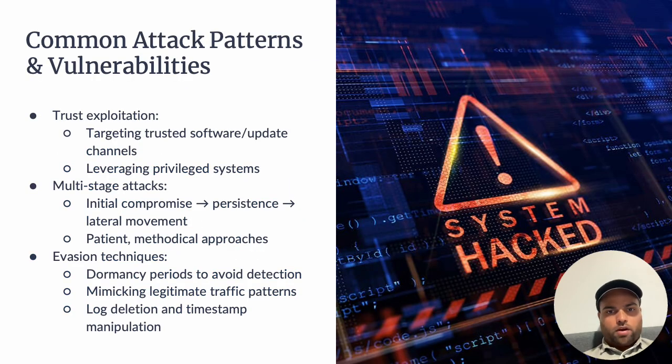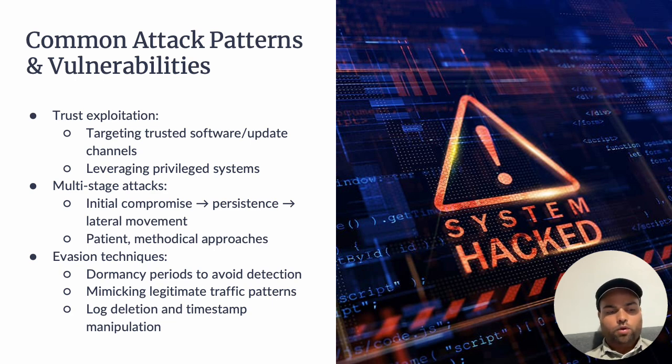The topic is common attack patterns across the vulnerabilities. All three attackers exploited trust in some form, whether trust in application inputs, software updates, or authenticated access. The highlight is the growing trend of attackers targeting trusted systems and mechanisms. Each attack utilized a multi-stage approach, starting with initial access, establishing persistence, then moving laterally to access valuable data.